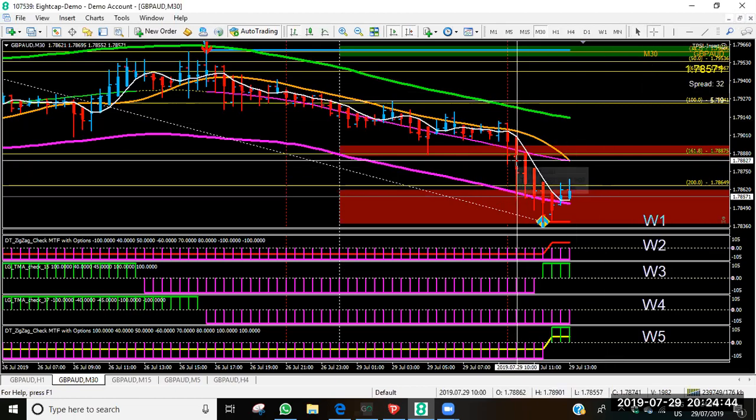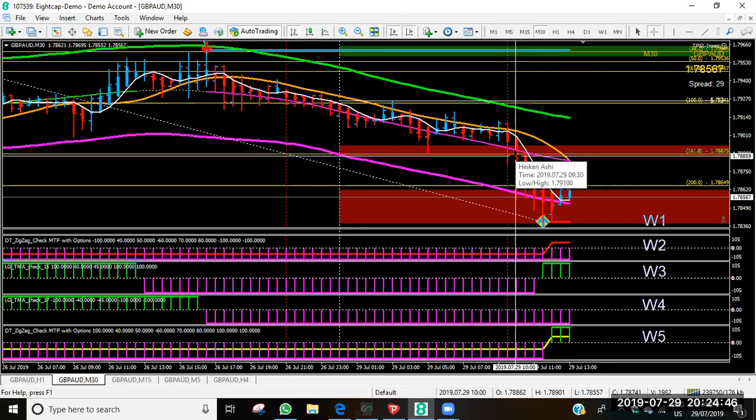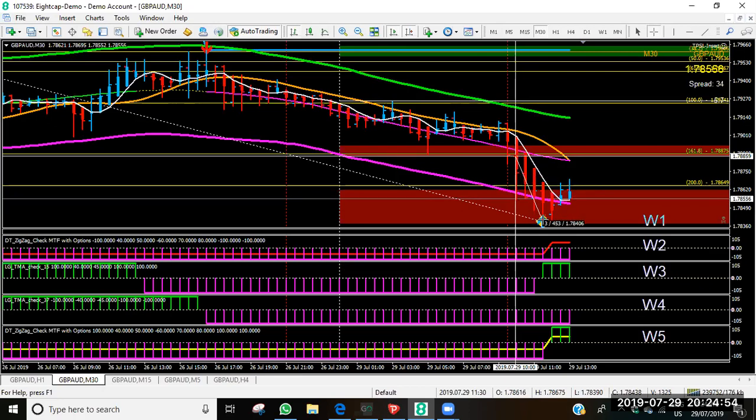So the new candle is where the alert would have come at the end of the candle with the vertical line, and from there we had 43 pips. So that same trade in that time.